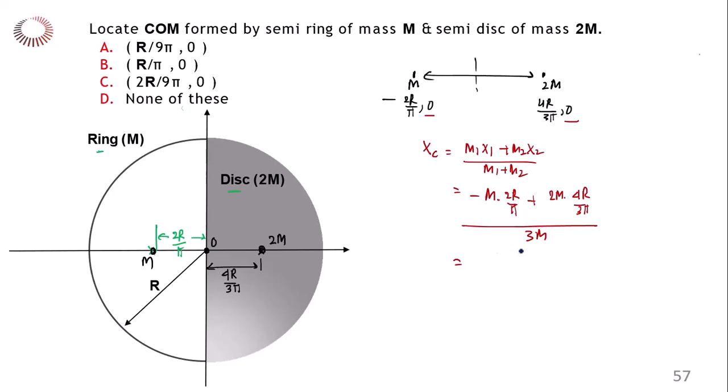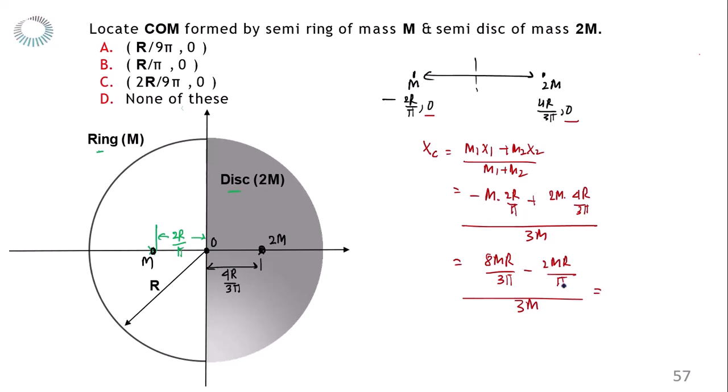So ultimately what I am getting is 8m r by 3 pi minus 2m r by pi, divided by 3m.